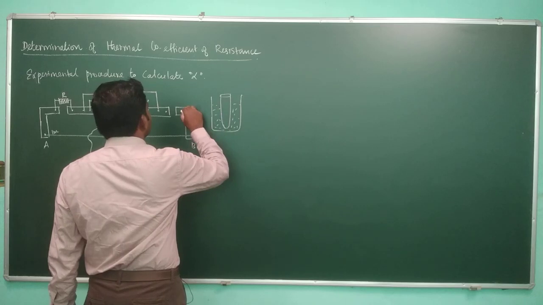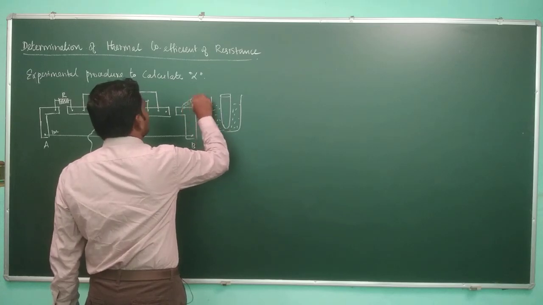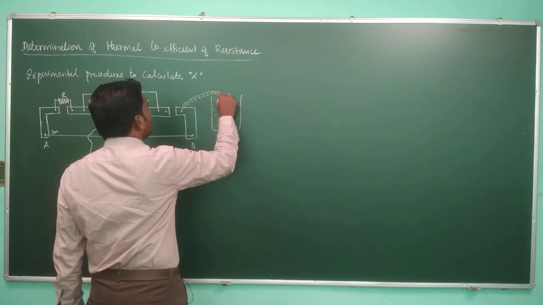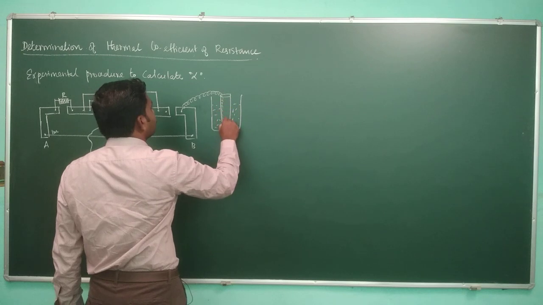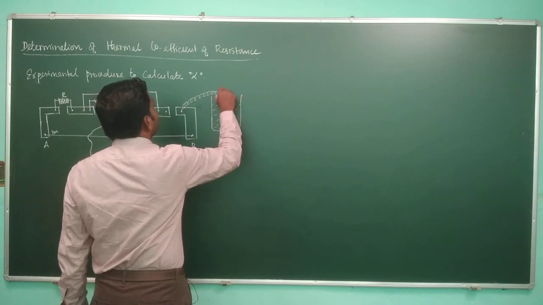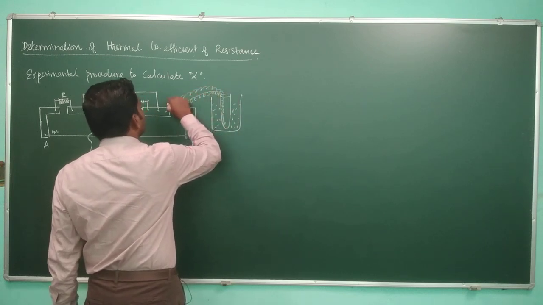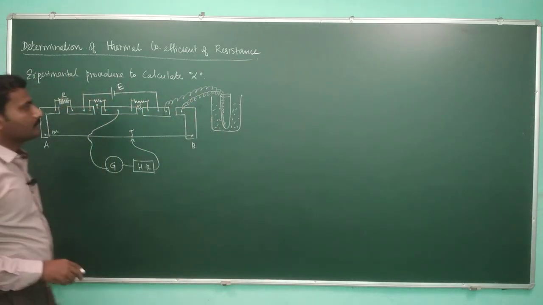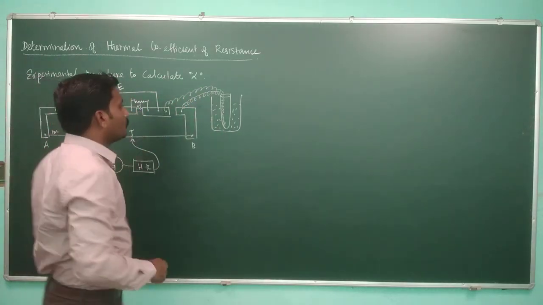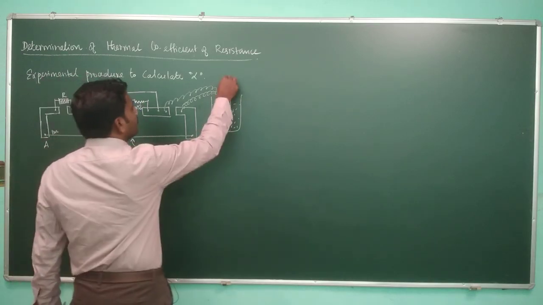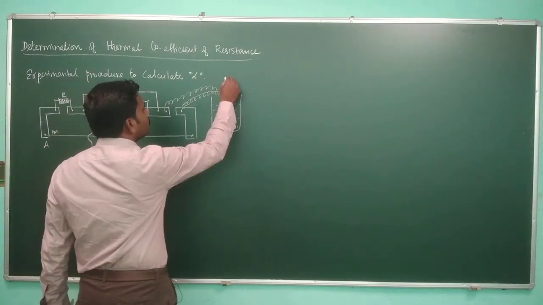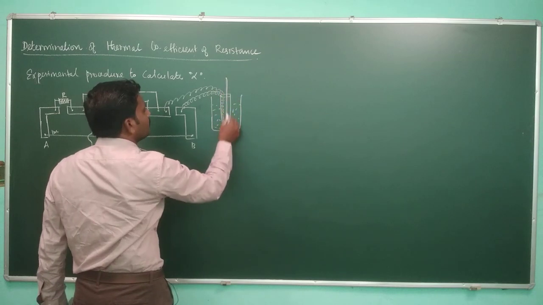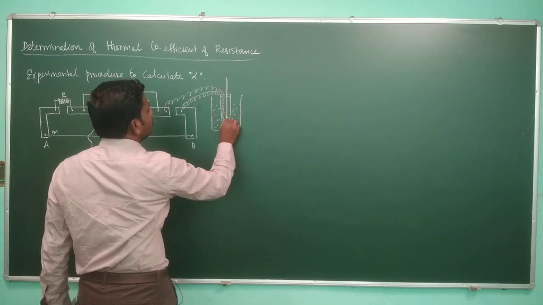Inside it has ice cubes, and the given material is a spiral wire like this, and it is put into the glass tube. The glass tube is immersed within the water in the beaker, and a thermometer is inserted into it, and it is filled with ice.